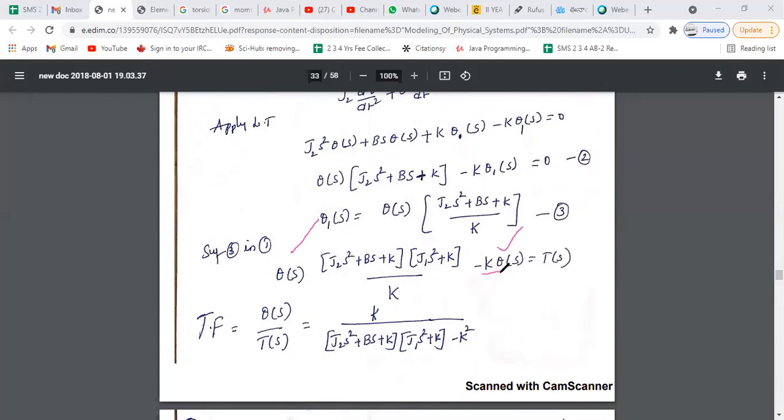Take the LCM, and take this theta of s to your left hand side. Move this entire value after taking the LCM to your right hand side. So finally, we are getting the transfer function, which is theta of s by tau of s, which is k by this denominator. This is how we should derive the transfer function of the rotational system. Is it clear, all of you?